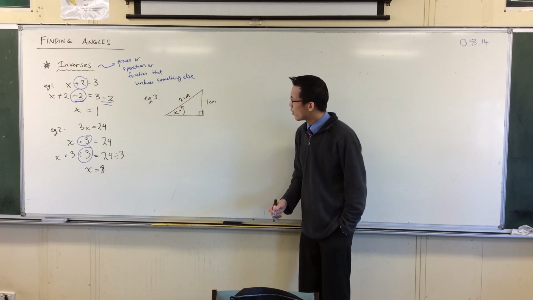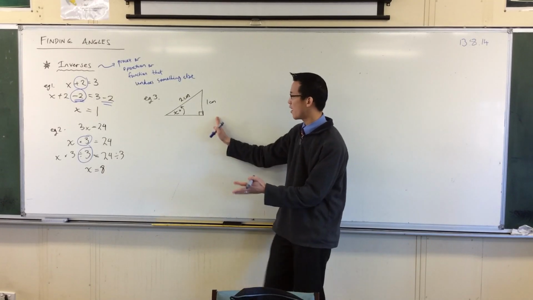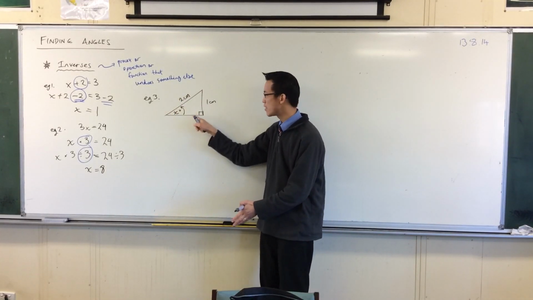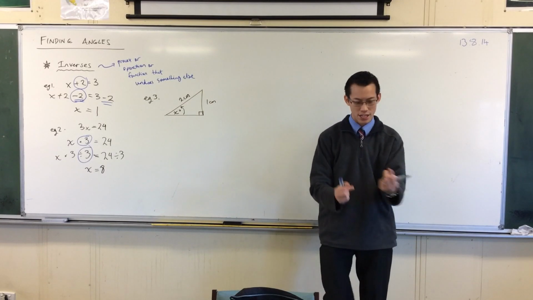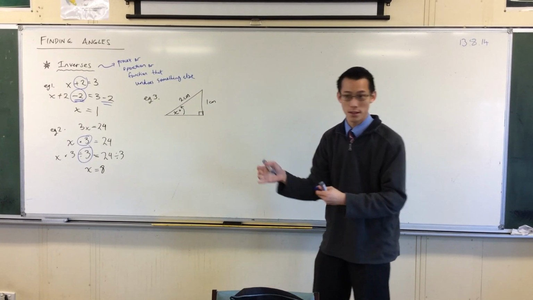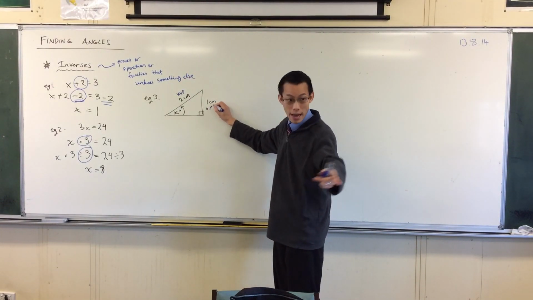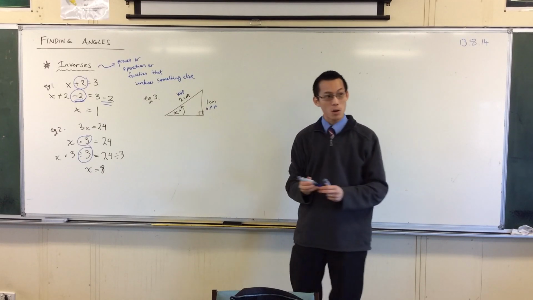Now, we've looked at these kinds of things before, right? We always need to start by identifying which sides I've got in relation to this angle. I can choose from adjacent, hypotenuse, and opposite. So which ones have I got? 2 centimeters is the hypotenuse, good. And this one's the opposite, which is why it's sine. So I'm going to write an equation here.